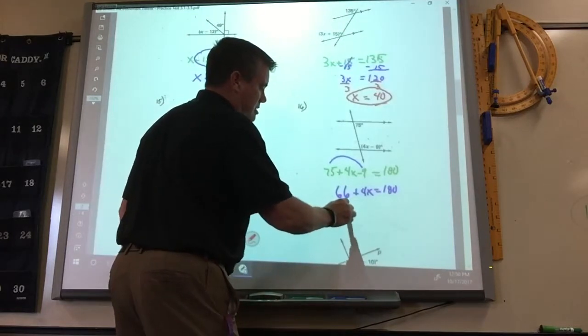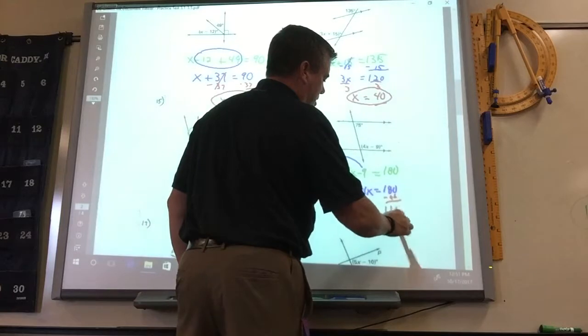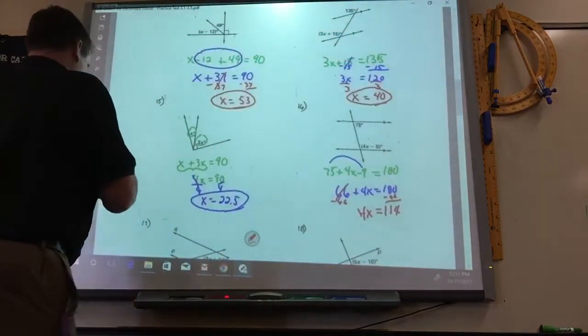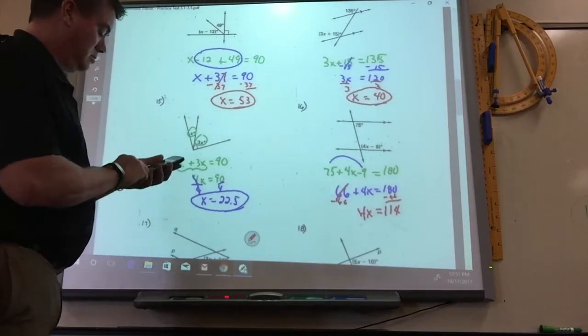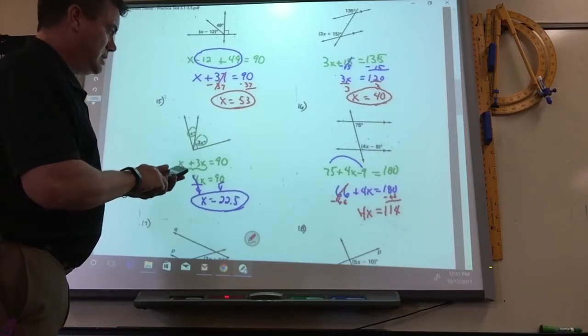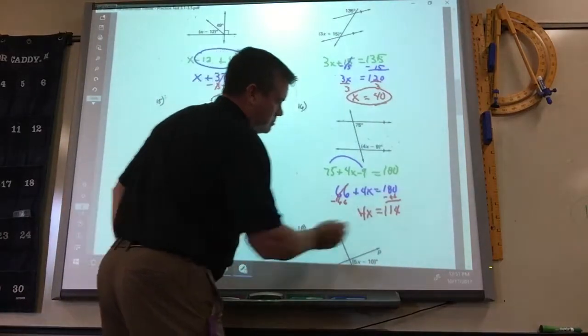So subtract 66. 114. And then when you divide by 4, you get 28.5.